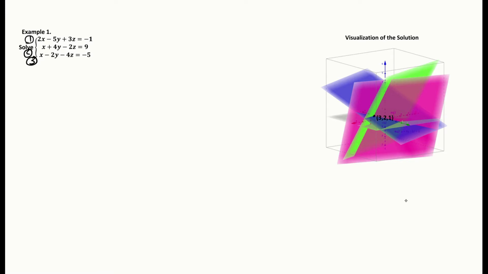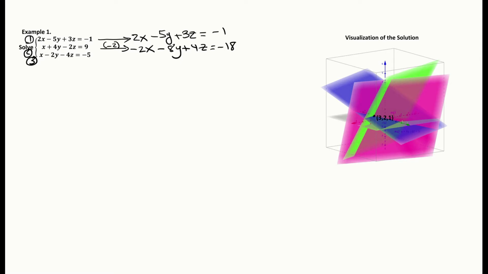That's going to require us to multiply the second equation by -2, and what we end up with is -2x minus 8y plus 4z is equal to -18. We're going to leave the first equation alone, so we get 2x minus 5y plus 3z equals -1.